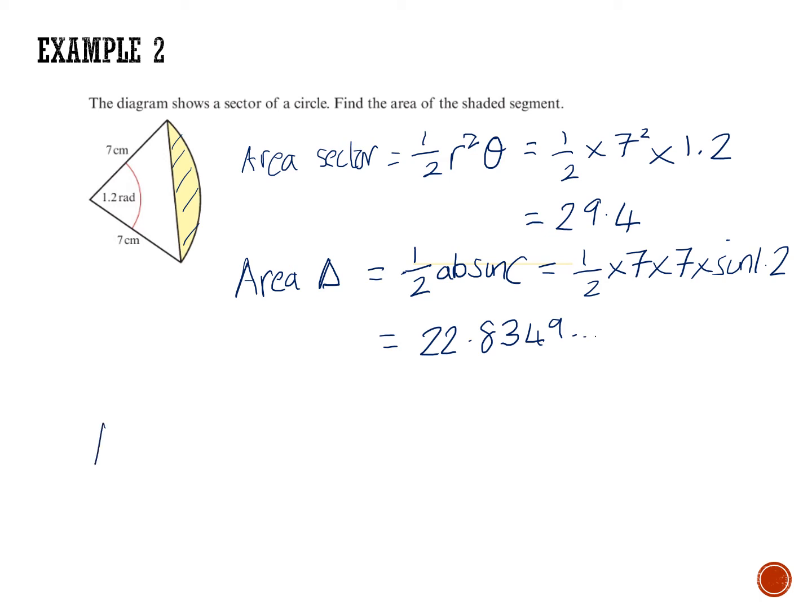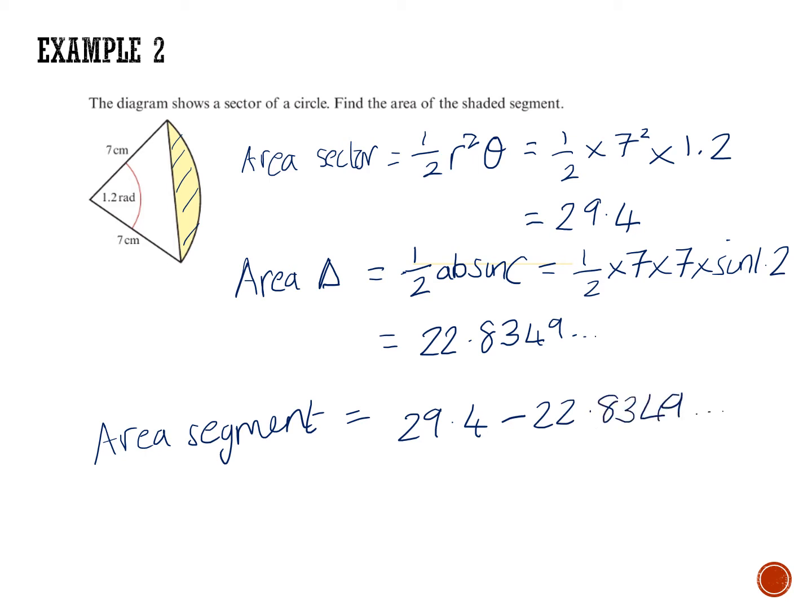I'm going to leave it like that because I'm going to use that value in a minute. So then the area of my segment is equal to area of the sector minus the area of the triangle, because remember that gives you that shaded region that they're after. Use that exact value in your calculator, do 29.4 minus answer, and no accuracy specified in the question.